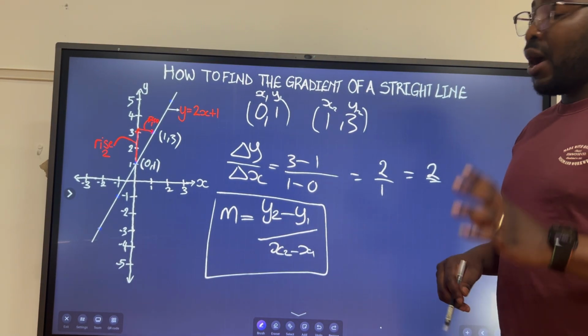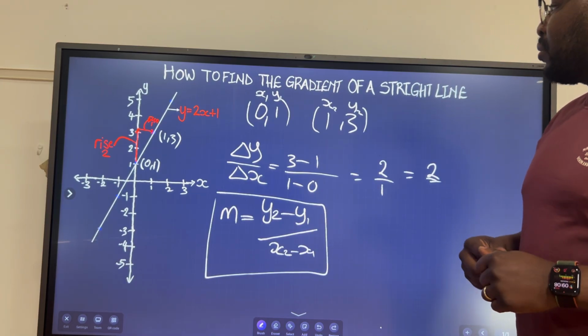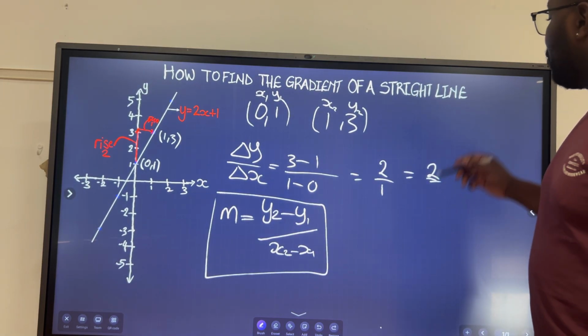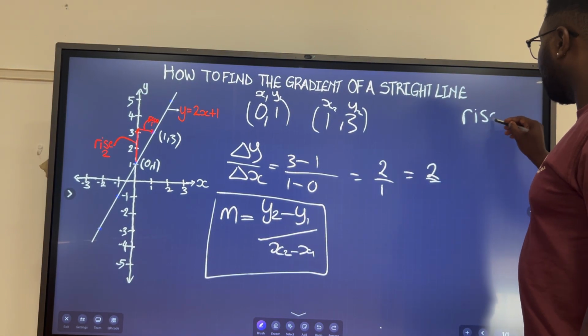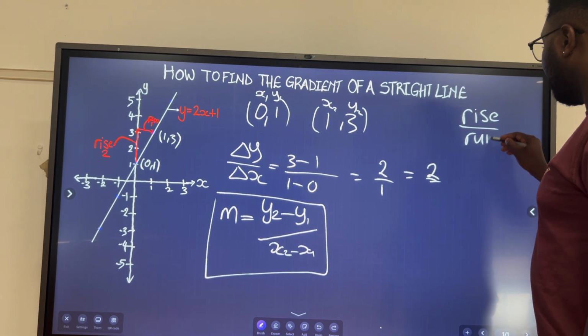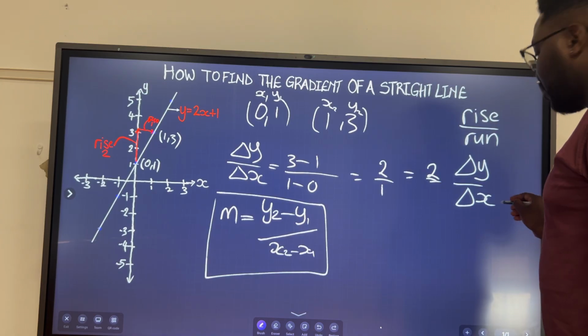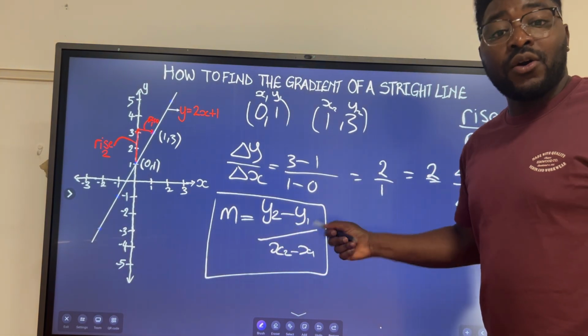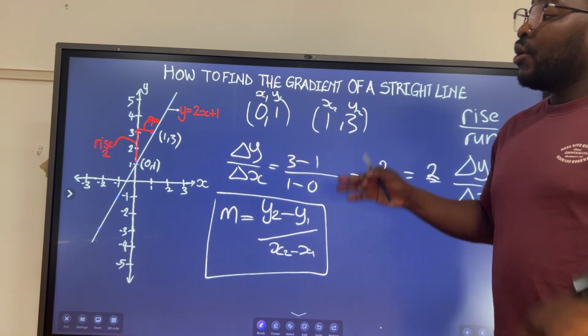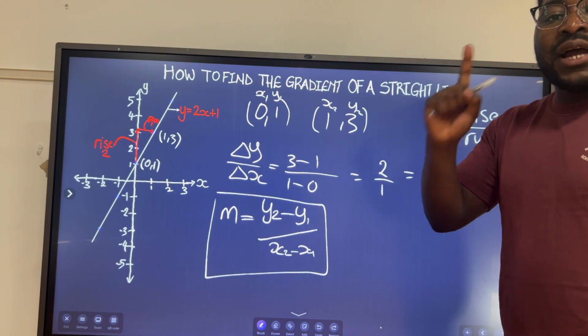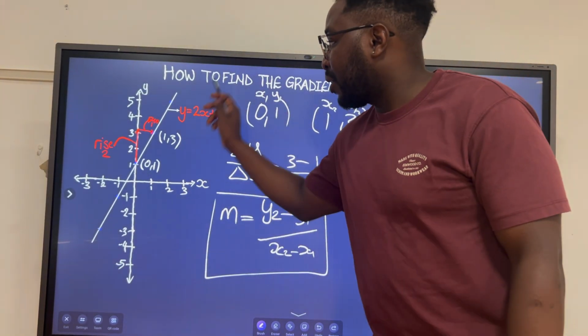Now remember, you can either use rise over run, or change in y over change in x, or you can use this formula over here, but in the end, we are all finding one thing, which is the gradient.